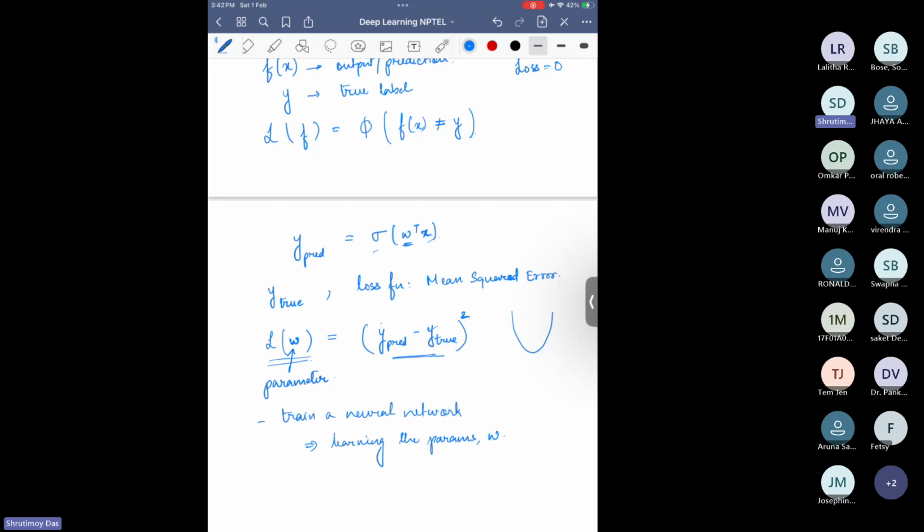So y pred will only change when you change w. So when you train a neural network, that means you are decreasing the loss, and that means you are learning the weights. You're learning the parameters, the weights.